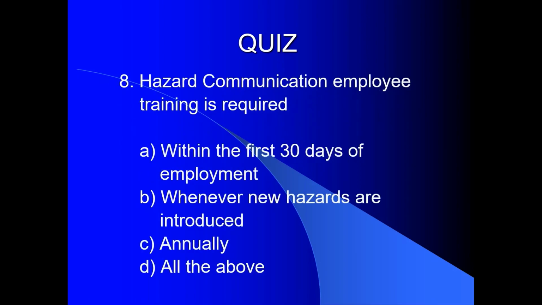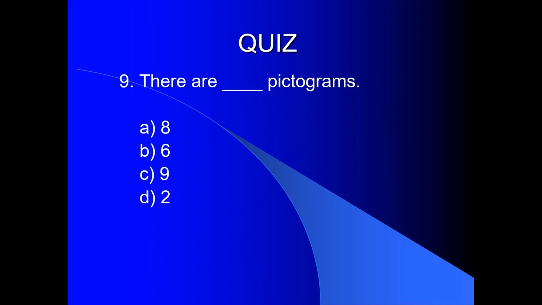Hazard communication employee training is required A, within the first 30 days of employment, B, whenever new hazards are introduced, C, annually, or D, all the above. Question 9. There are blank number of pictograms. A, 8, B, 6, C, 9, or D, 2.